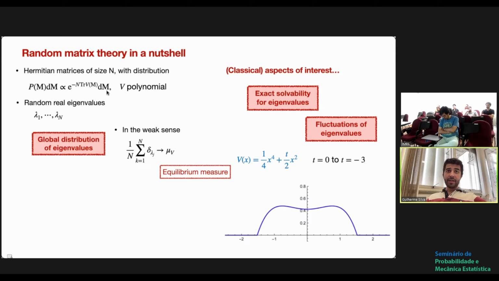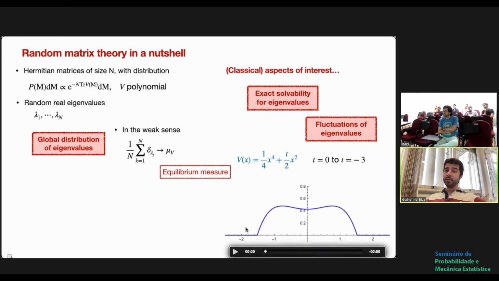So imagine now that you start with a Gibbs measure with a potential V which is quadratic plus quartic. I'm introducing a parameter t as well, in the quadratic part of your quartic potential. And what I'm depicting here for you in blue is the density of the equilibrium measure when t is exactly 0. So when t is exactly 0, you have this density here, which is almost like a semicircle, but not quite.